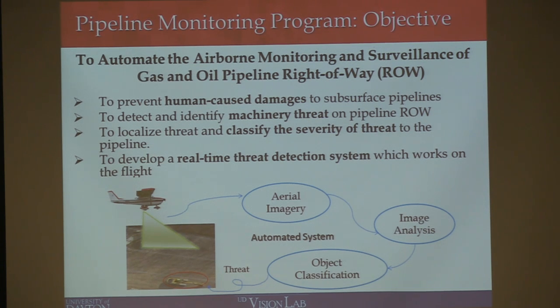So what we are asked to do in this particular project is to automatically detect and report the location and the type of equipment or any intrusion happening on the pipeline by analyzing aerial imagery.